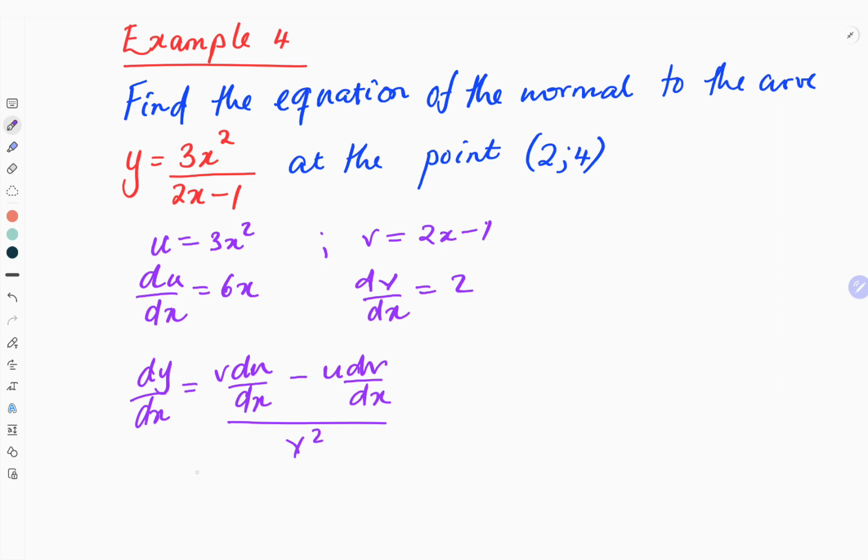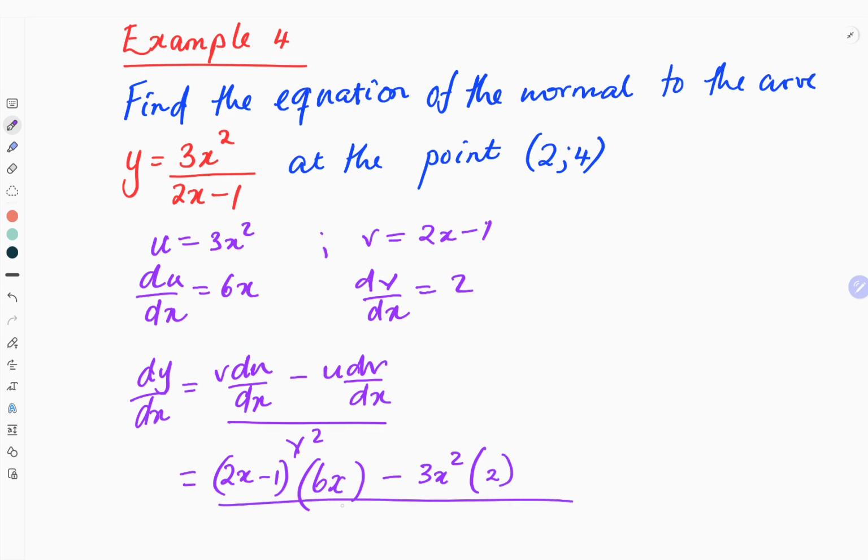Then we do some simple substitution: v, which is (2x minus 1), times du/dx, which is 6x, minus u, which is 3x squared, multiplied by dv/dx, which is 2, then divided by v squared, which is (2x minus 1) squared.